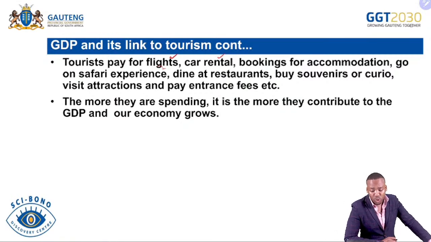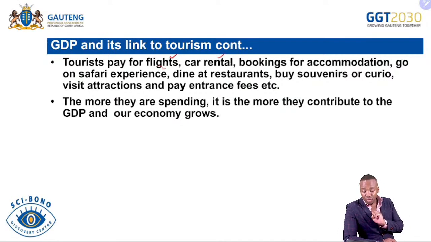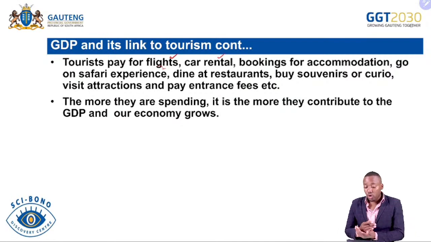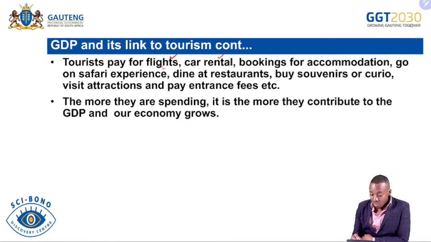Then remember here we're talking about what? International tourists. The third thing that they will need for us, they will need a place to sleep. So they will visit what? Our accommodation sector. There they will decide to book accommodation. And we know that they also need to pay what? Money for booking for their stay.